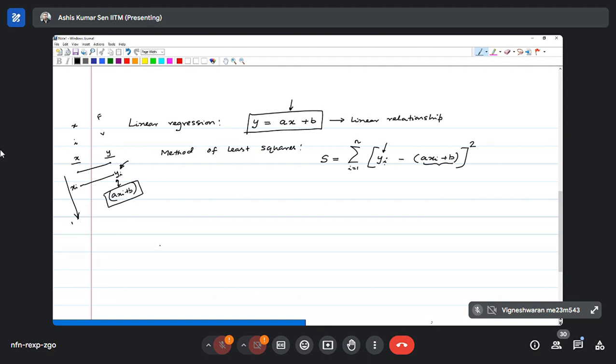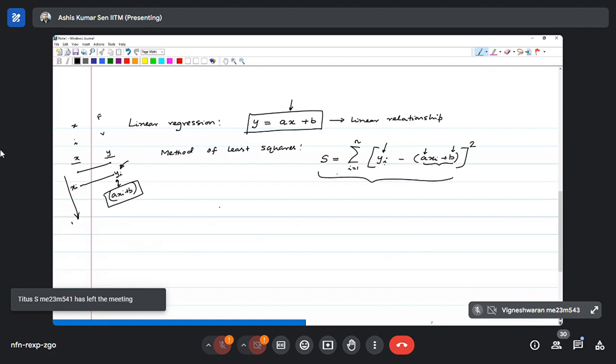Now, if you want to minimize this error, here you can see that there are two constants a and b. So you have to minimize the error by finding out a and b so that the error is minimum, right?